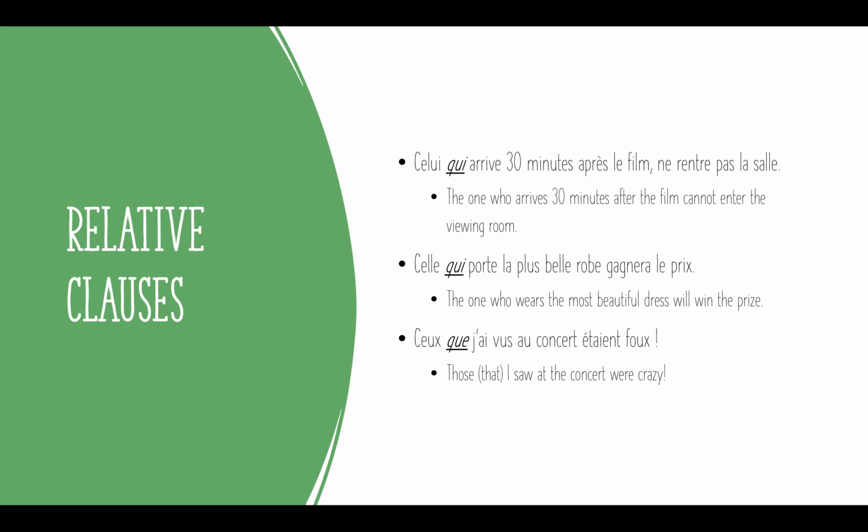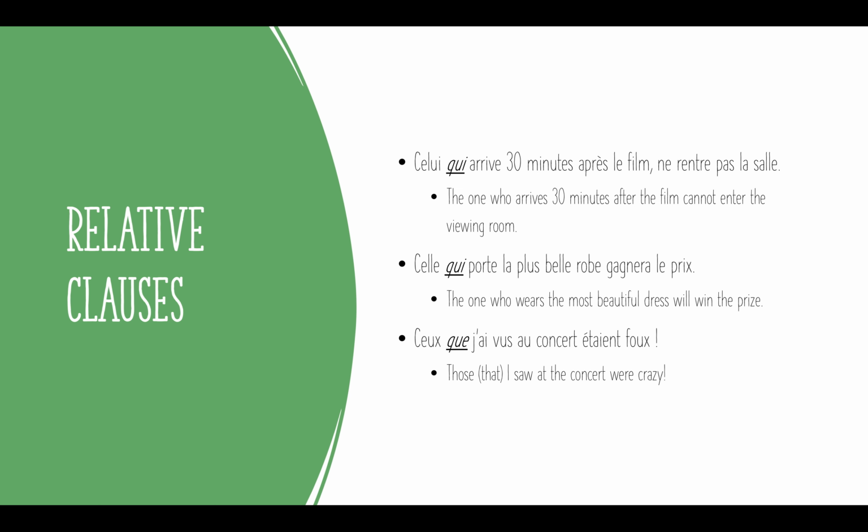And if we go back a little bit further and we look at the passé composé, you remember that if you have a direct object pronoun and it precedes your past participle, the past participle agrees with the direct object pronoun. Okay?